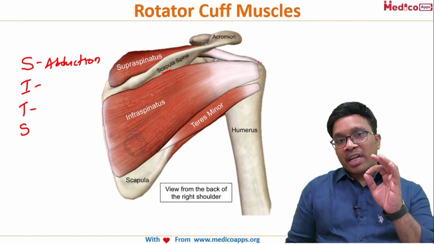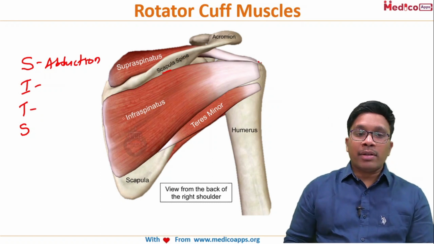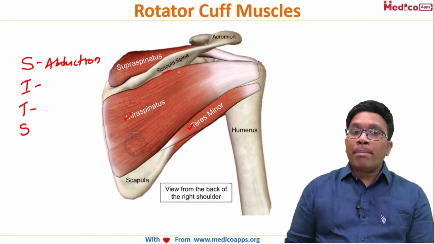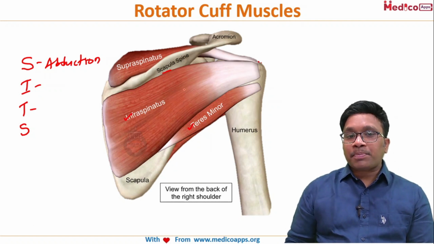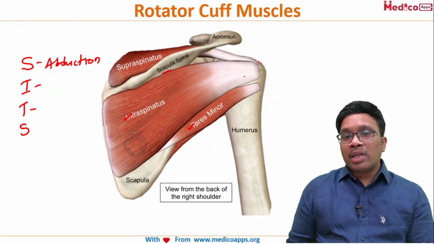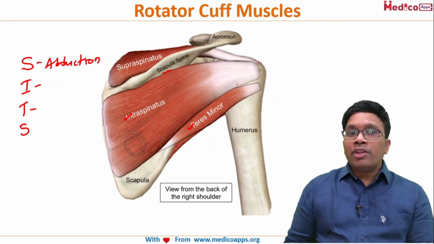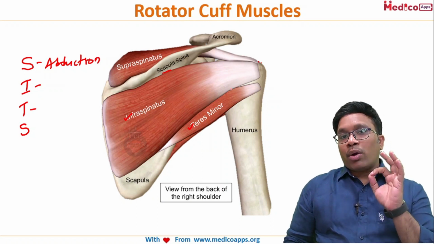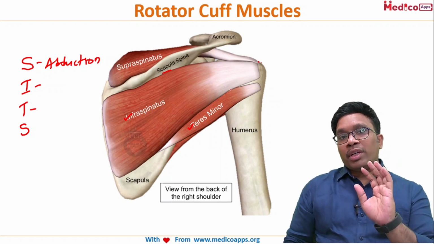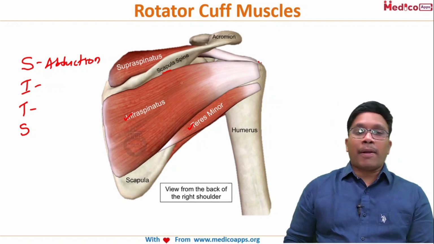If you look at the infraspinatus and the teres minor, they are originating below the spine of the scapula and coursing and inserting on the posterior aspect of the greater tuberosity. Now you can predict by contracting this muscle, the shoulder would go into external rotation.